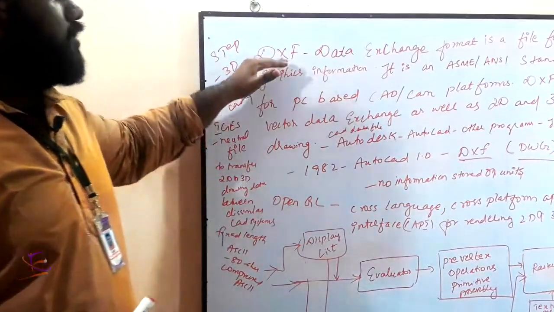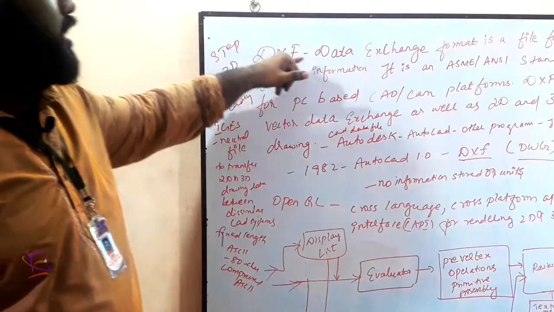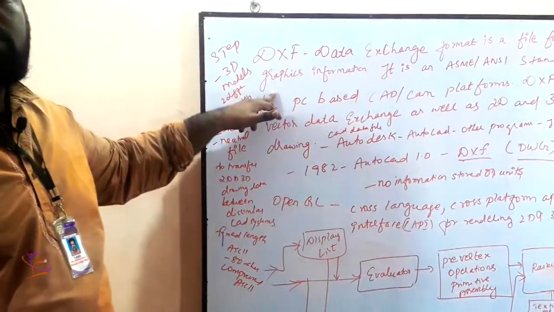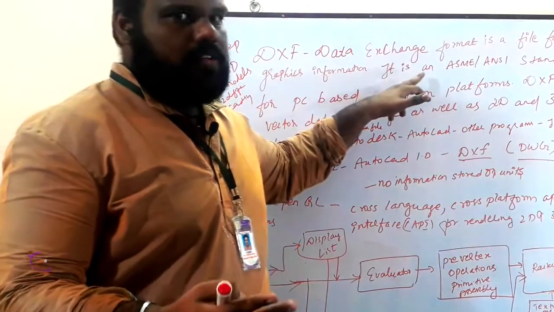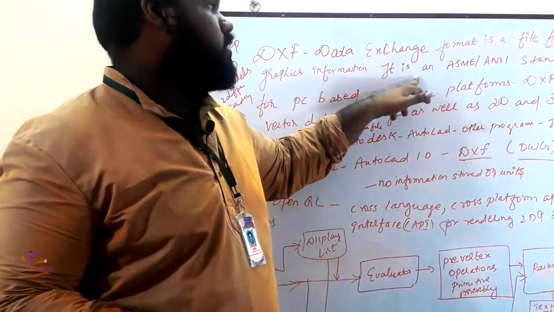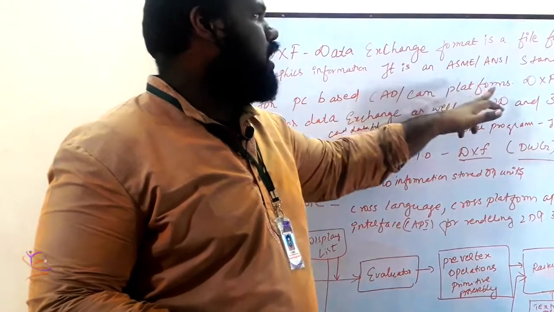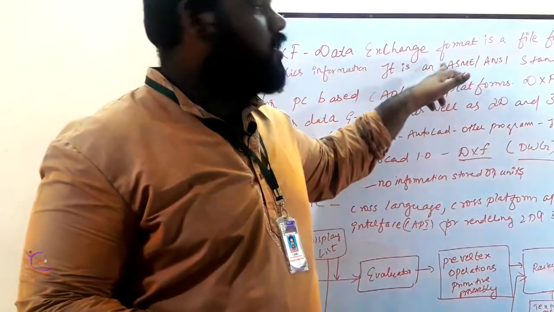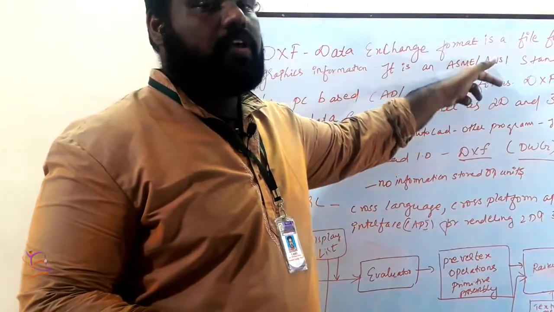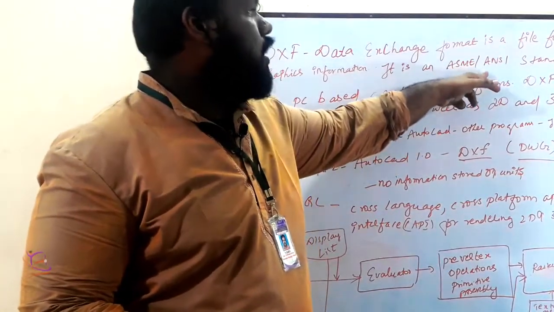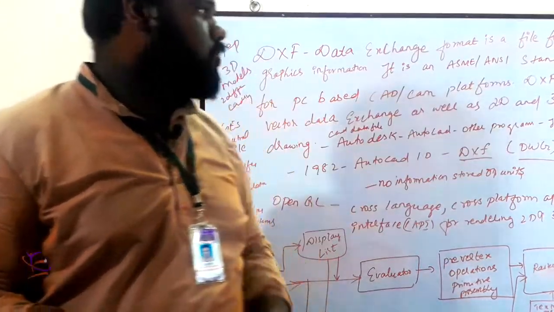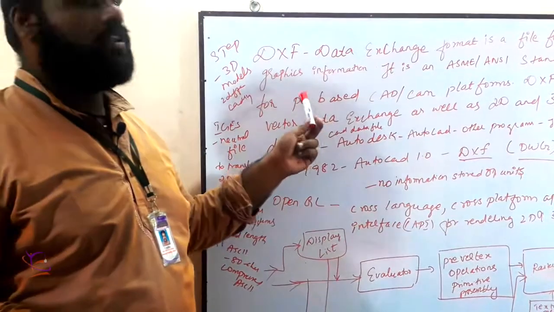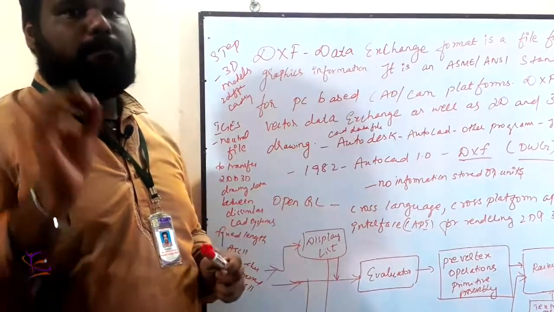Now again I'll repeat, DXF is a data exchange format and is a file format for graphics information. You know what graphics is, we saw it in the last video. And ASME is American Society of Mechanical Engineers, and ANSI is American National Standards Institute standard that is used for PC based, that is personal computer based, CAD/CAM platforms.